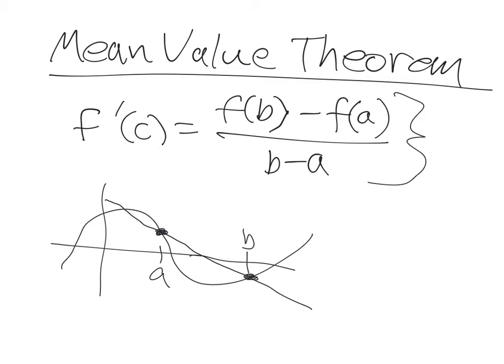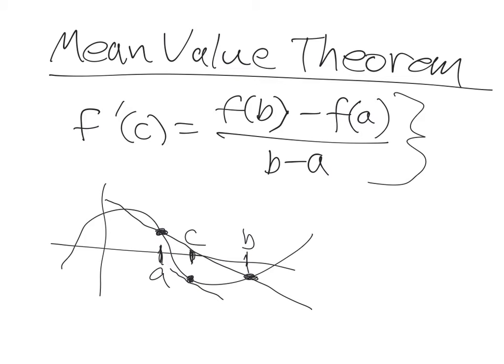I wish I could draw a straight line. That's supposed to be a straight line, by the way. The slope of that line is equal to the slope of a tangent line, at least one tangent line in between A and B. And as we kind of move along, maybe about that point right there, this again is an existence theorem.